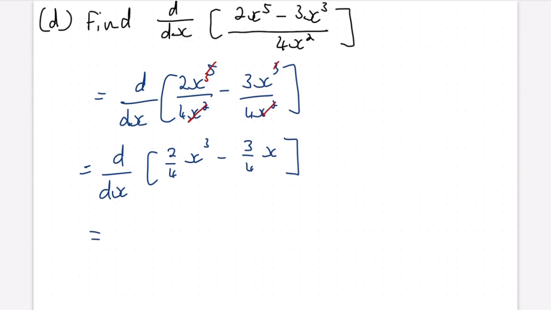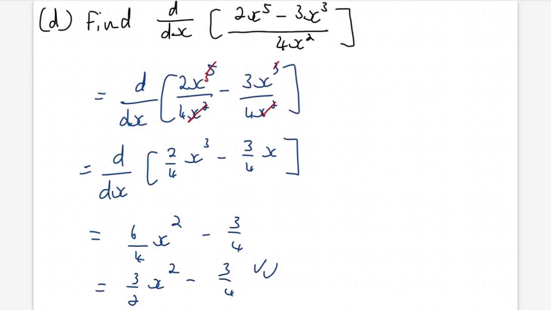Now, the derivative of that would be 6 over 4 x to the 2 minus just 3 over 4. Okay, and let's simplify this fraction here. It's 3 over 2, not just 6 over 4, but 3 over 2. This would be your final answer there.